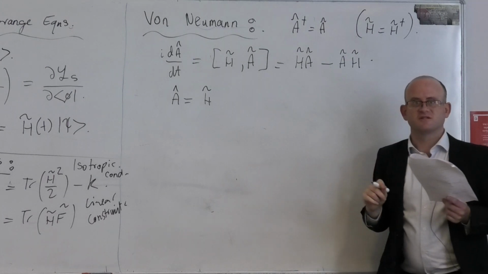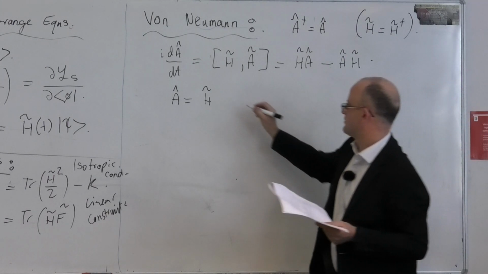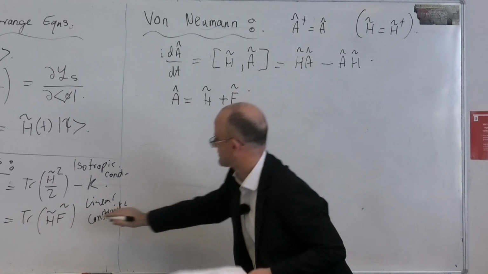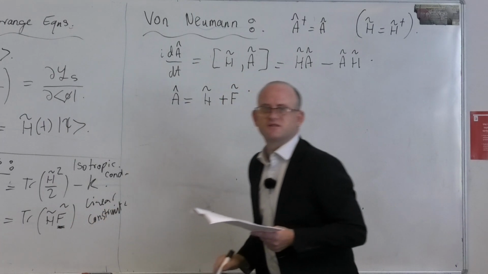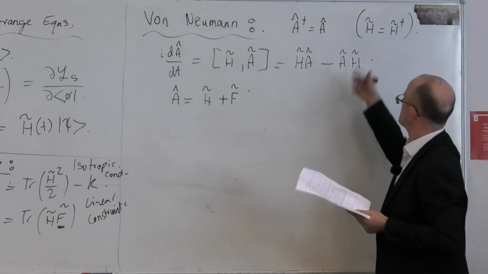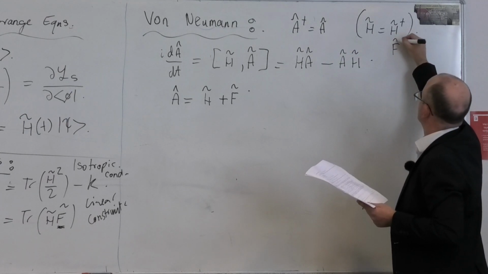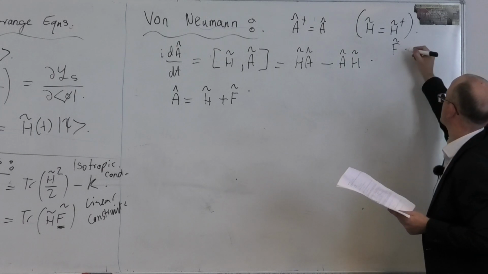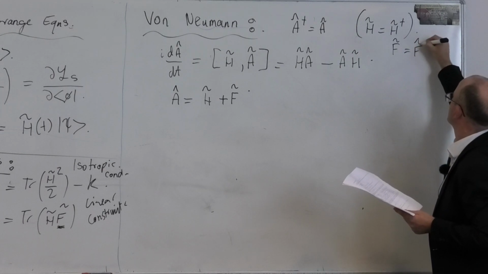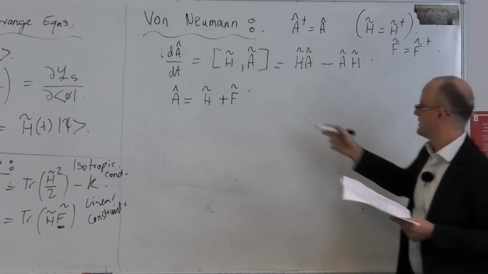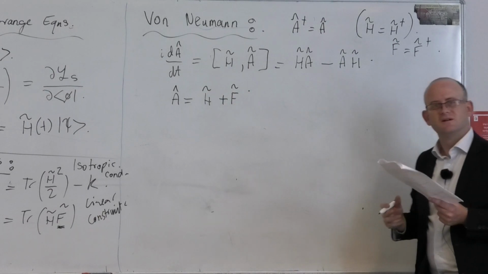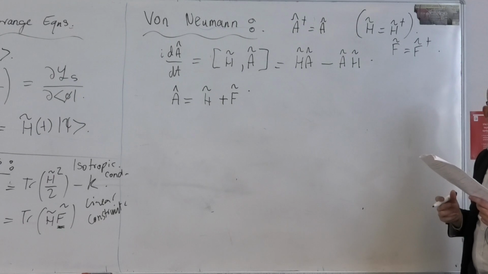That's the definition. So what we're going to do is add this constraint here. If A dagger is equal to A and this is a linear operator, then we can just add something like F dagger is equal to F, and then A dagger will still be equal to A. H is the operator on our complex projective space.